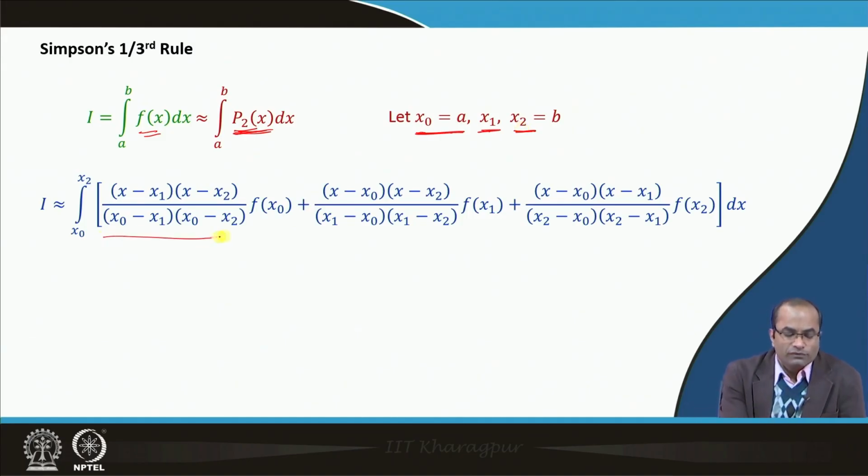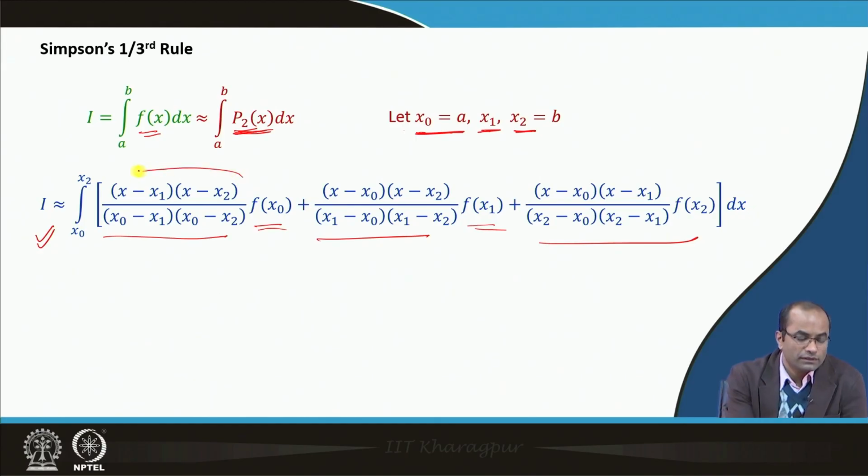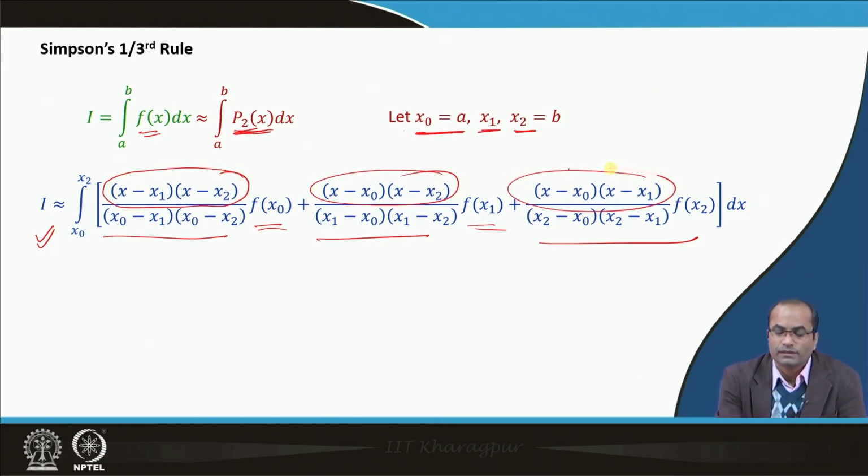In that case, we will use this polynomial of degree 2, a Lagrange polynomial of degree 2 which passes through these points a, x 1 and b. From x naught to x 2 we are integrating; this is a single application of this 1/3 rule. Now we can integrate this, because it is integrated over x and x is sitting here in the numerator as a quadratic term.